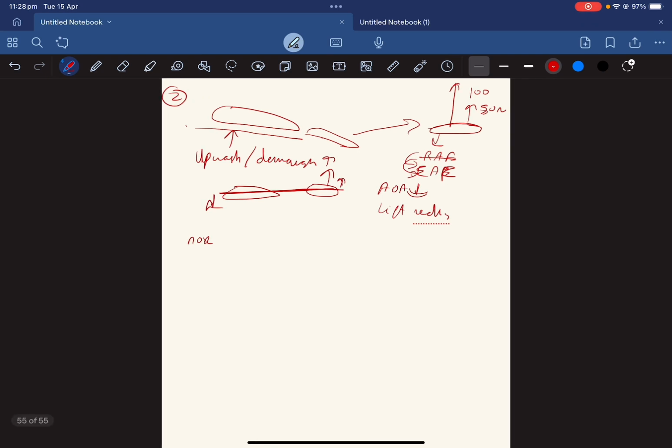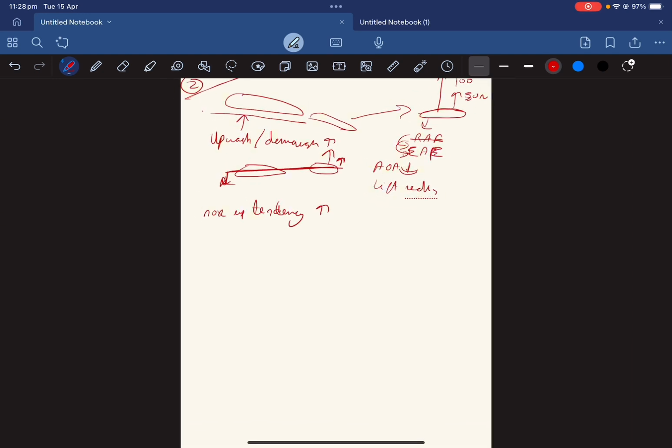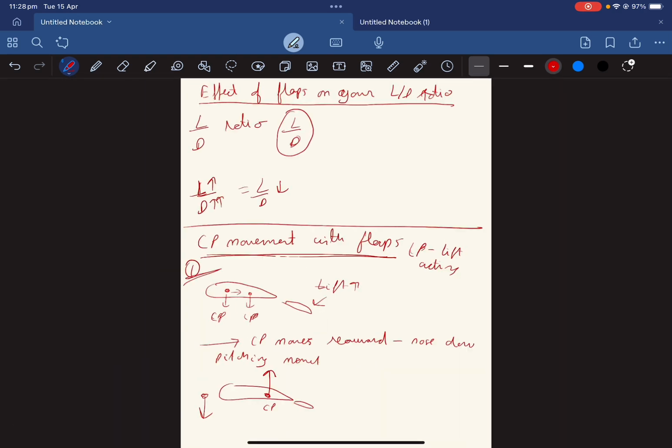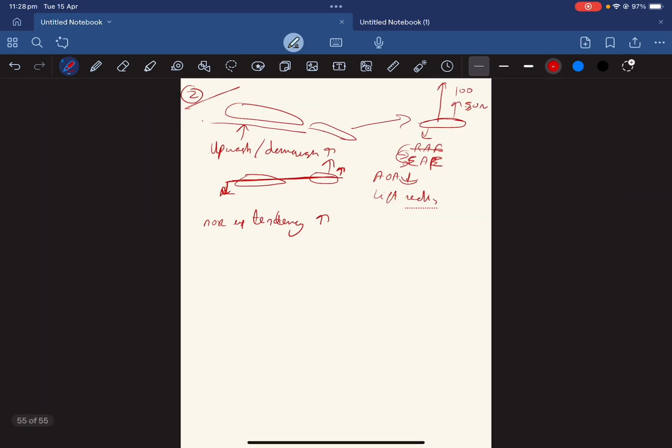But now since this has reduced and this is still the same, there will be less motion downward. So basically the nose up tendency has increased. Makes sense. So this was the second case for the CP movement. The first one is that the CP moves rearward because the increase in lift is from the rearward part, and the second was due to the upwash and downwash.